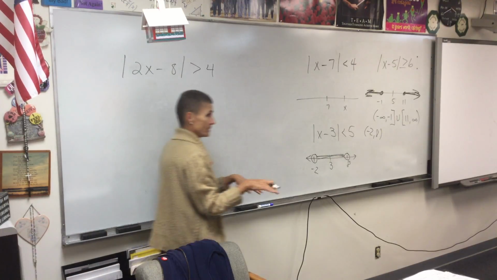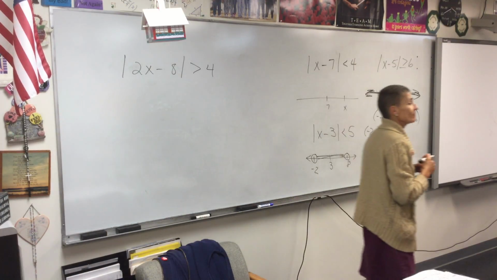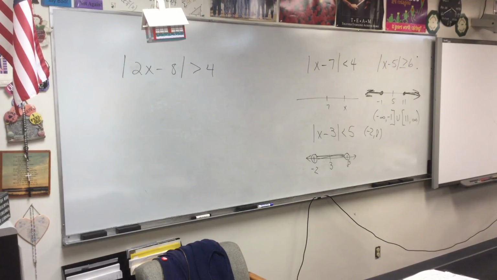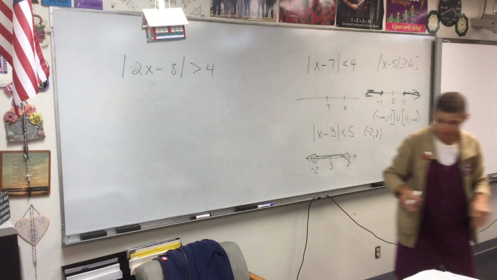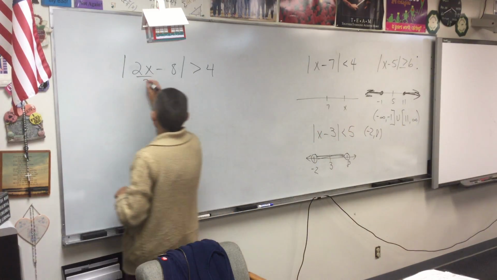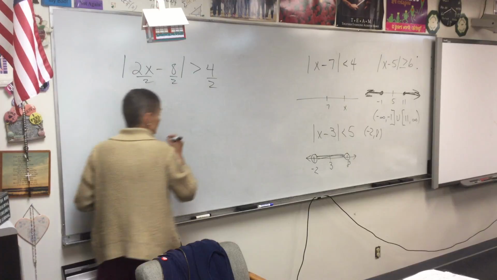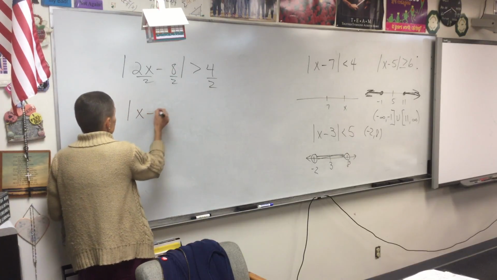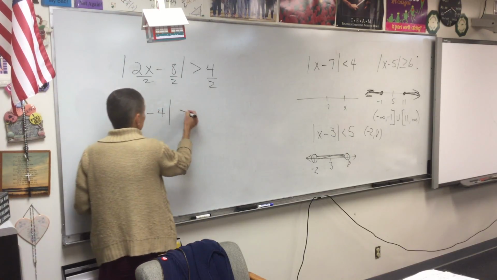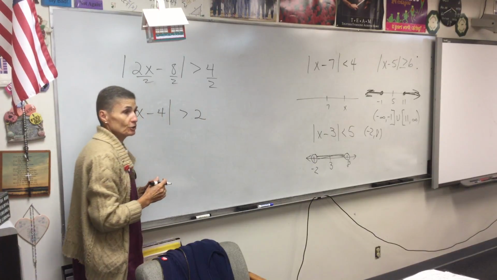I don't want a 2 there. Can you divide by 2? Absolutely, but what do you have to do? If you're going to divide by 2, you have to divide everything by 2. So everything gets divided. So x minus 4 absolute value is greater than 2.